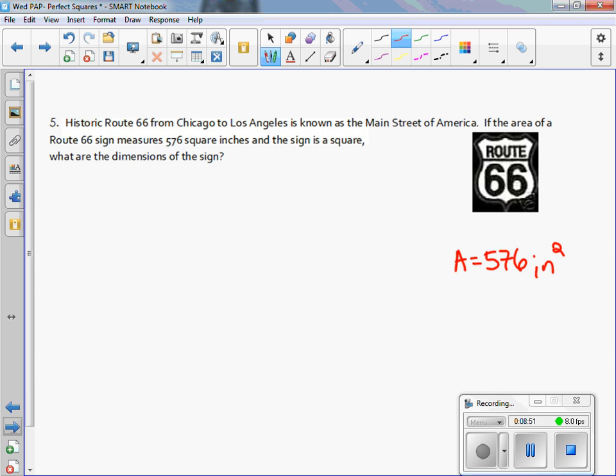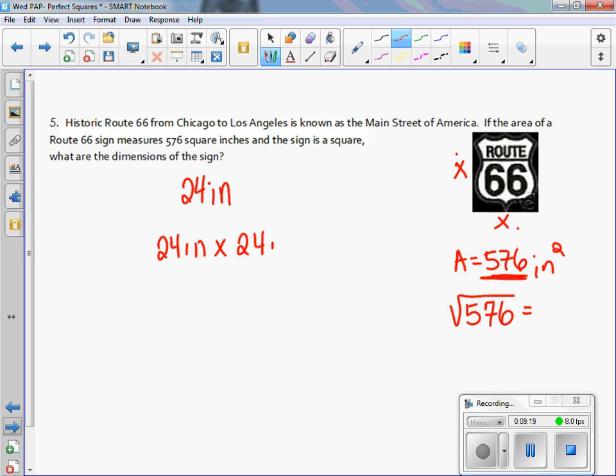So this is also one of those funky numbers that it's helpful if you have 1 to 30 memorized, because you may not know what times what equals 576. So again, you're looking for what times what gives you 576. In other words, you're really looking for the side length, and we can find that by finding the square root. I happen to know, because I have them memorized, that that is 24. So the dimensions of the sign are 24 inches by 24 inches.